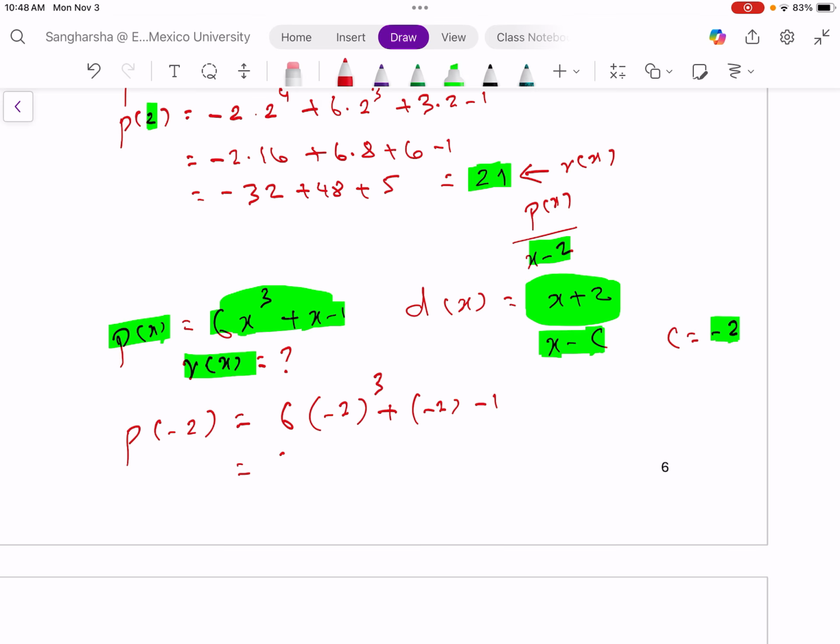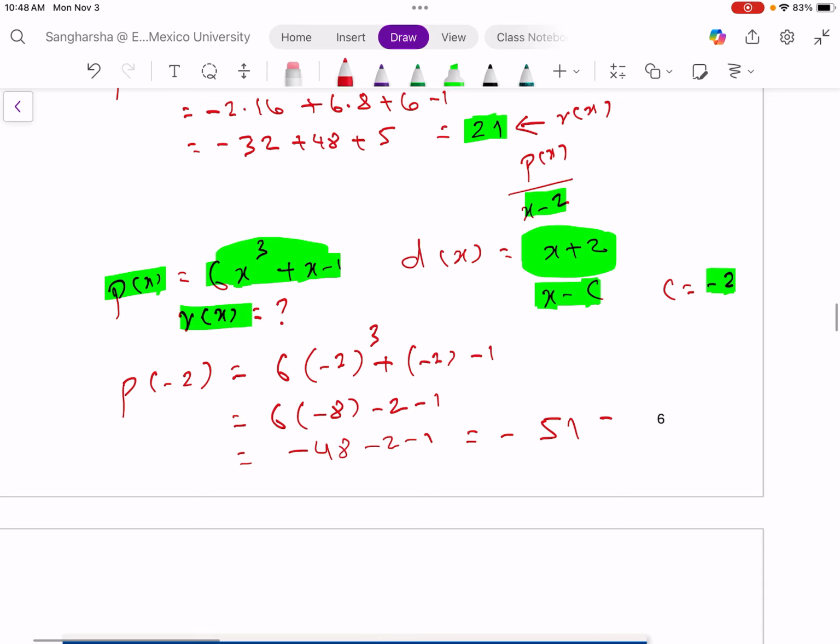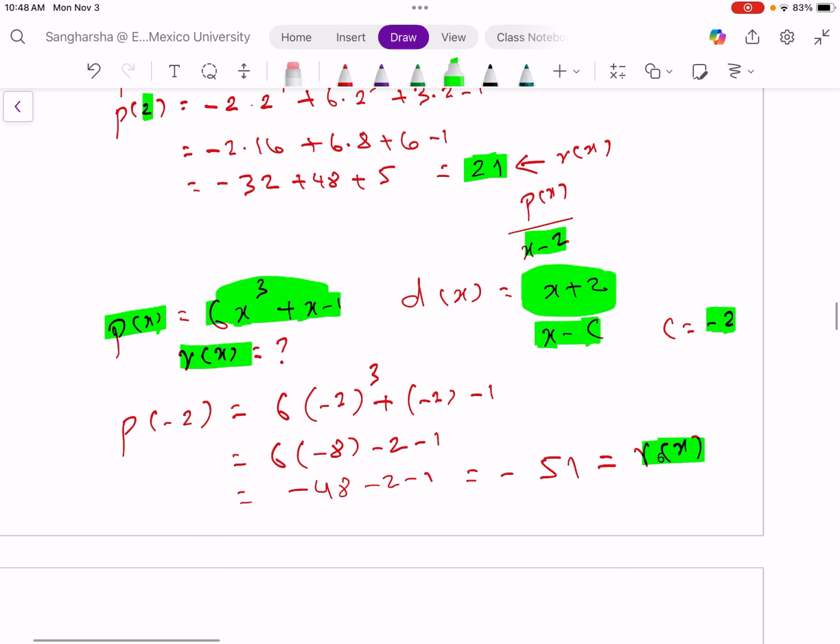So 6 times minus 2 cubed is minus 8, so negative 48, minus 2, minus 1, negative 51. And this negative 51 is the r of x. So even without using long division and synthetic division, we can find our r of x. And this is the remainder theorem.